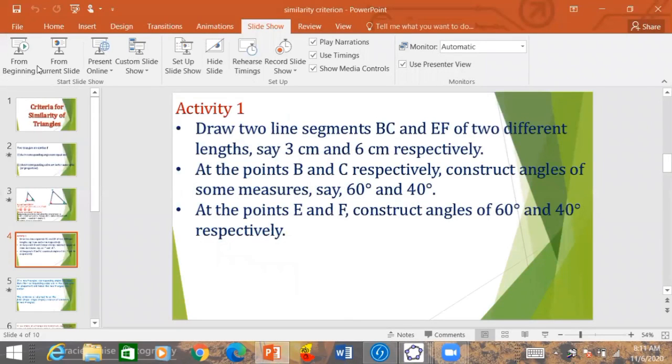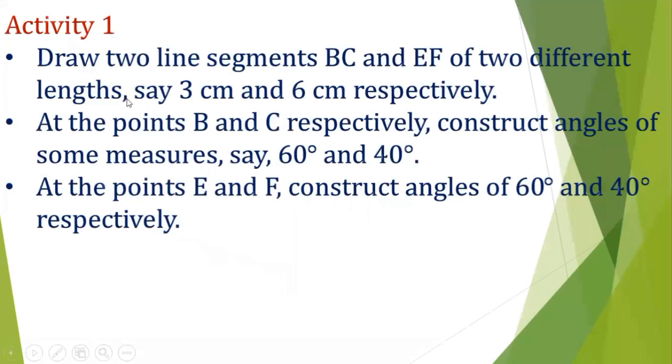So this is called AA criteria for similarity of triangles.